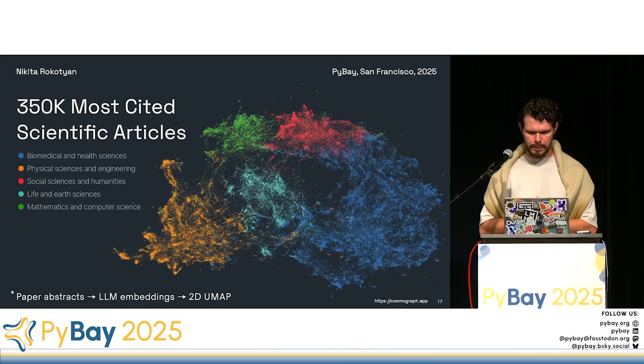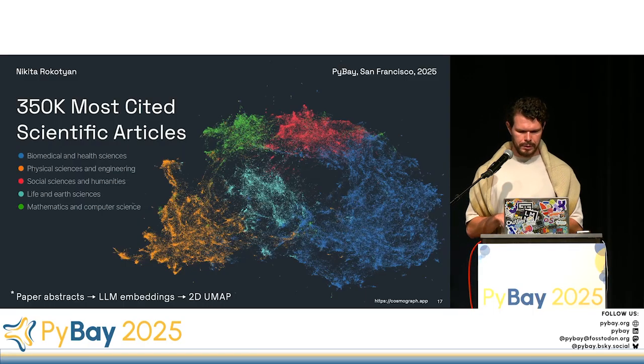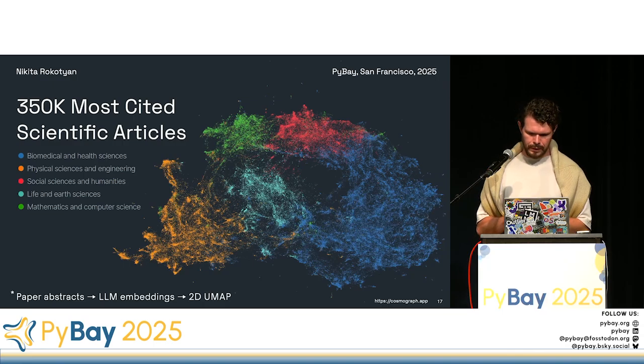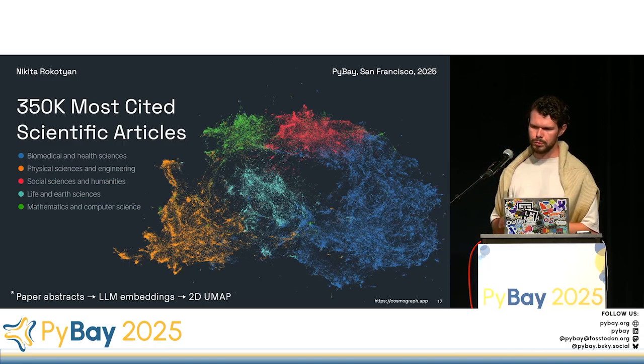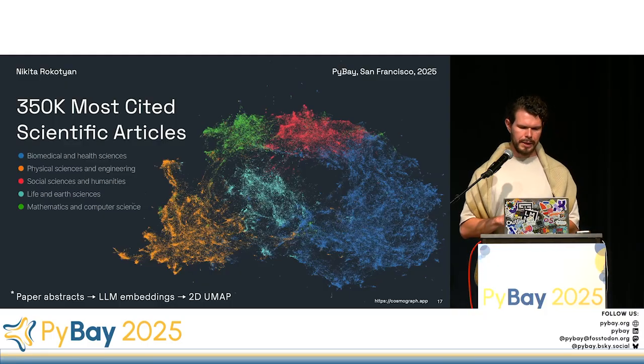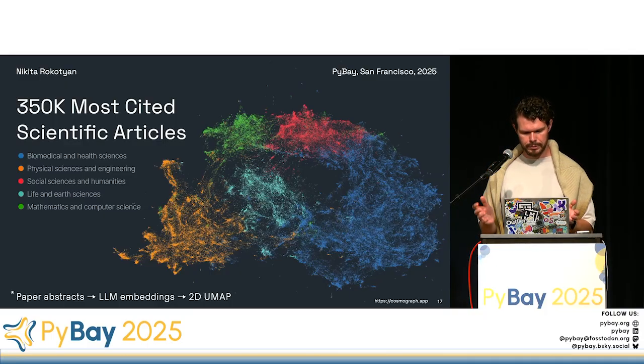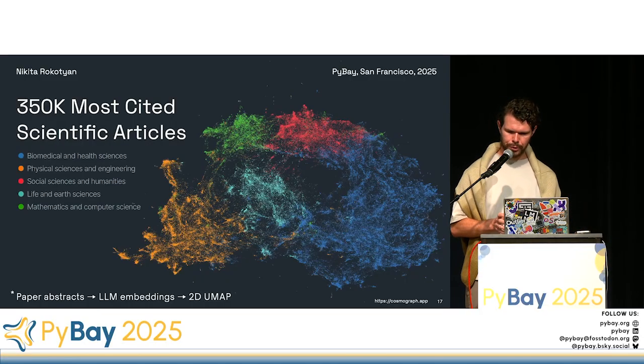Another example of an embedding, here you have 350,000 most cited scientific articles. Same idea: you have paper abstracts, you go through LLM embeddings, and then you project those embeddings onto 2 dimensions using UMAP, and you render that as a beautiful point cloud.